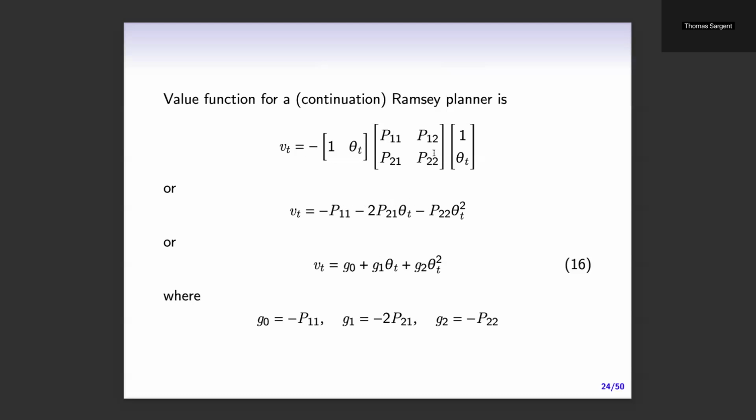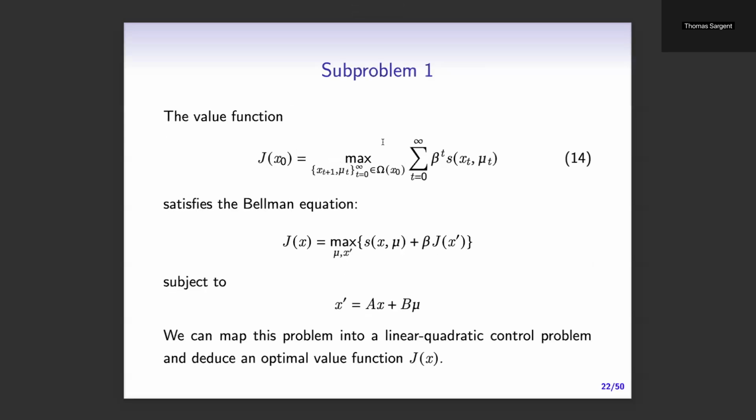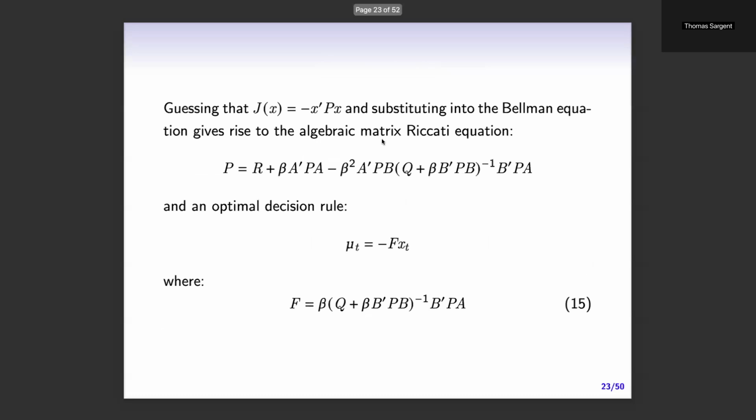Vt is quadratic, just like we discovered with our machine learning. There it is, Vt. Turns out those coefficients in Vt are related to the coefficients in the value function that we had on the previous slide here.